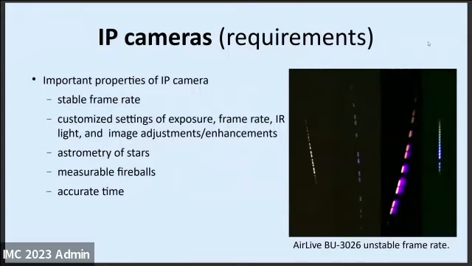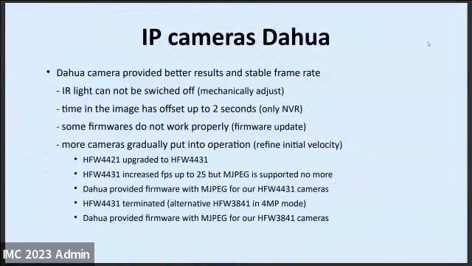We also have to be able to do astrometry of stars to reduce the recordings, and it also has to be possible to measure the fireballs, of course. So the camera must not be too sensitive, because then the fireballs would be overexposed and almost unmeasurable. And it also has to be possible to set an accurate time in the camera.